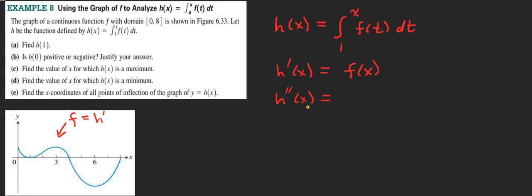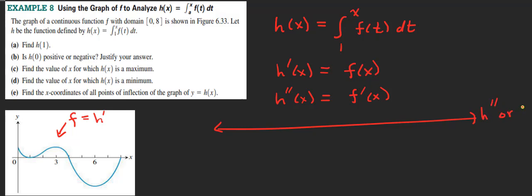Therefore, h double prime of x is the same thing as f prime of x. And we can get f prime of x from the graph of f, which is the same thing as h prime. So let's draw this line. So h double prime or f prime. Now you're going from 0 to 8.